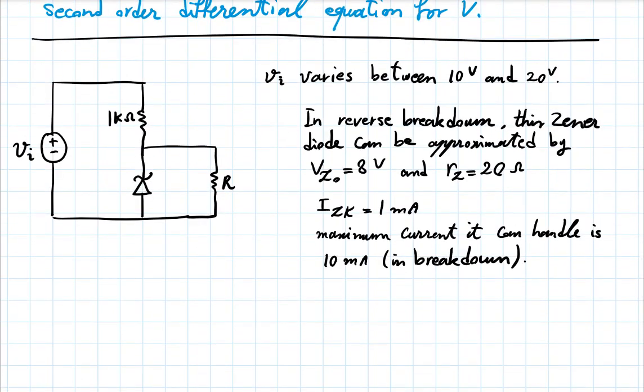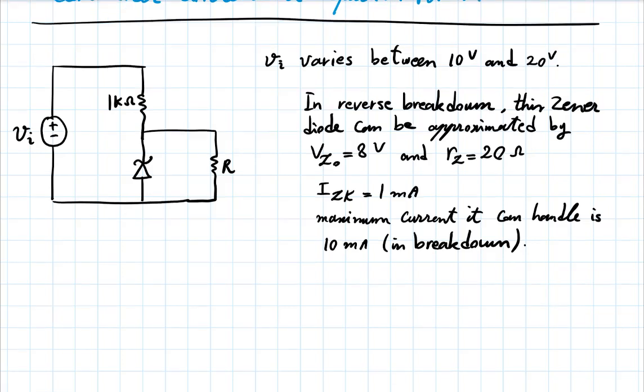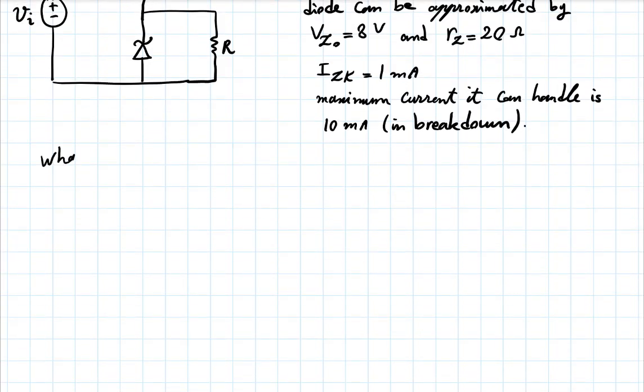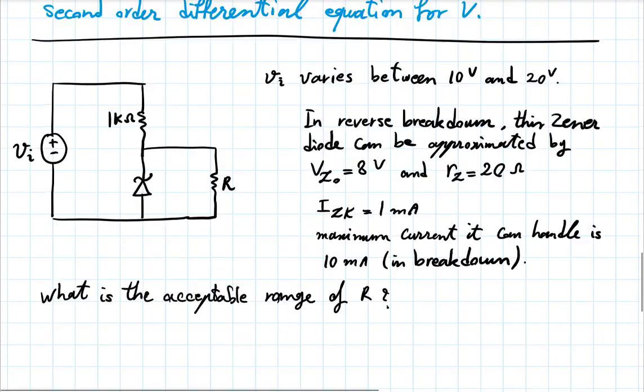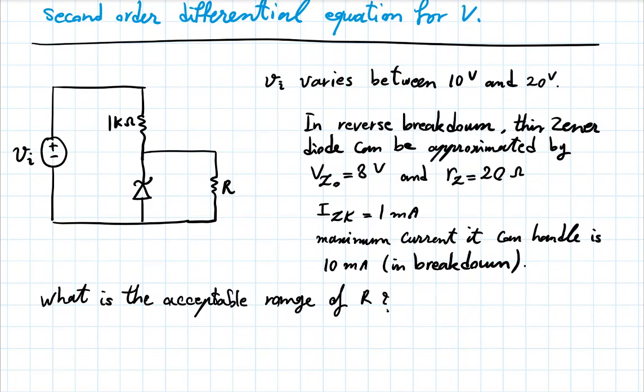What range of resistance is acceptable for R? So what is the range that's acceptable for R for this circuit to have a regulated output voltage?